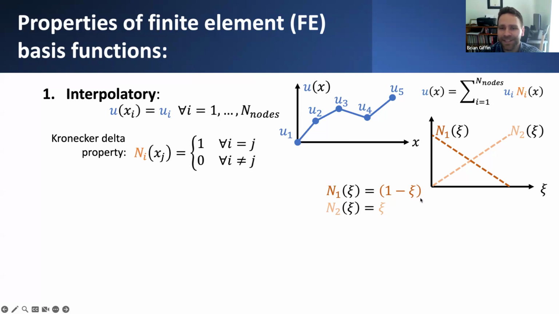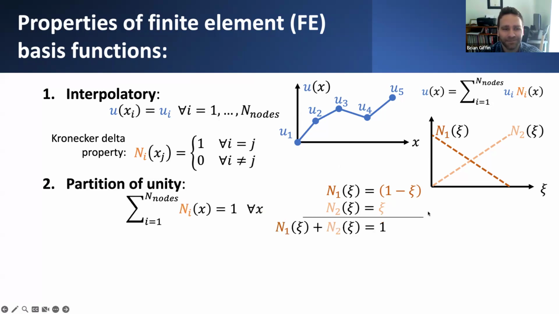That's again a consequence of this interpolatory property. But there's another interesting aside regarding how these basis functions are defined, and that is that they satisfy a so-called partition of unity. Not only are they respectively equal to 1 at their corresponding nodes and equal to 0 at the other nodes, which implies that all these basis functions sum to 1 at each of the nodal locations, but it turns out that in general, they all sum to 1 at all possible values of x along the length of the domain.